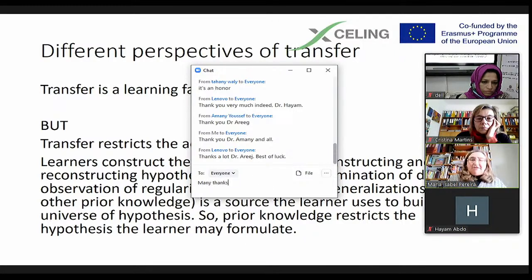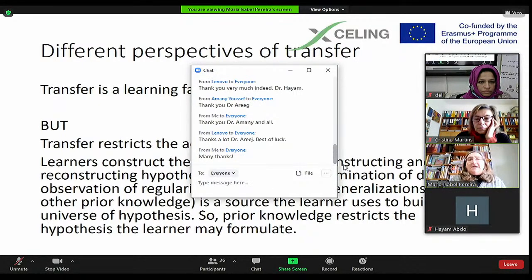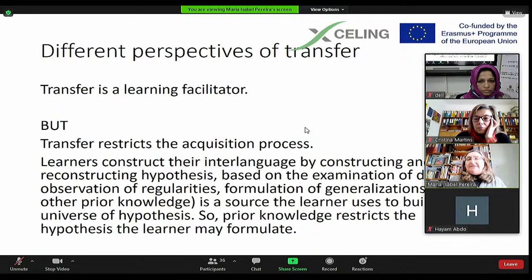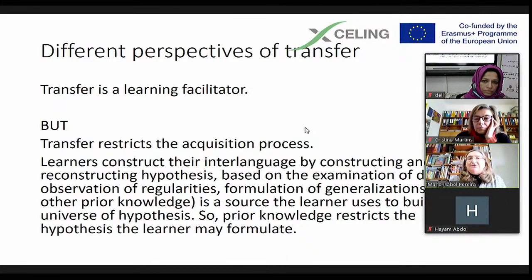By constructing and reconstructing hypotheses based on the examination of data, on the observation of regularities, on the formulation of generalizations. L1 and other prior knowledge, like the knowledge of other languages, is a source that the learner uses to build his or her universe of hypotheses.